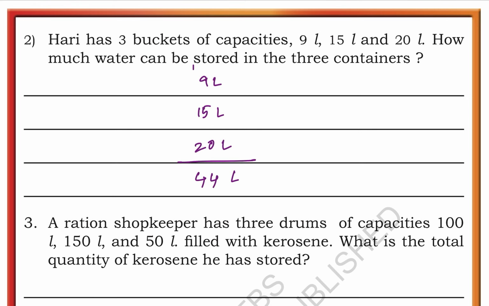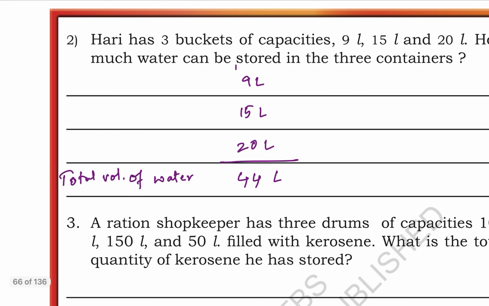Here you must write total volume of water that can be stored in 3 containers is equal to 44 liters. Okay, you must write it.